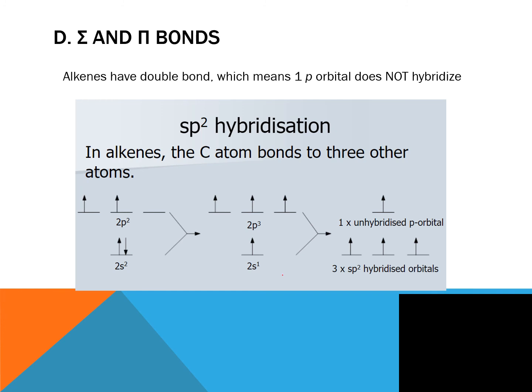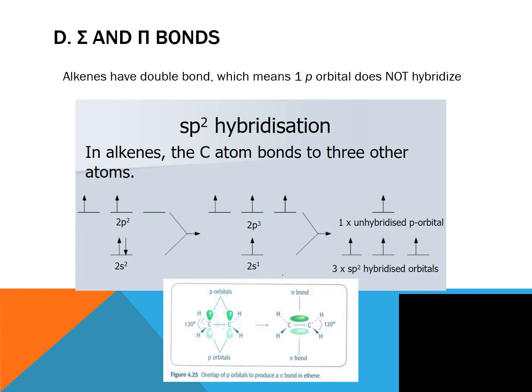But one of the p orbitals does not hybridize because it forms a double bond. So that leaves you with 3 hybridized shells, which means it's sp2. 1 for the s, 2 for the p, gives you 3. So you can see here the double bond in ethene. You have the p orbitals that are not hybridized, that form a double bond. And then in the middle is your sigma bond that is hybridized. Very tricky.